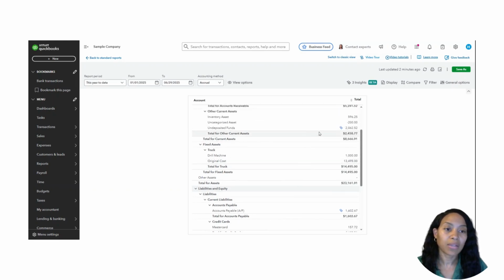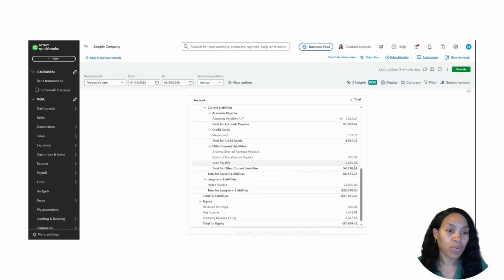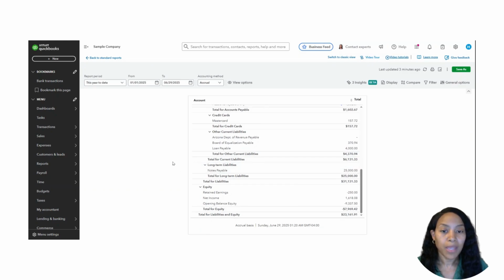One reason for that could be that the client has sold more inventory than was bought, and QuickBooks didn't recognize a purchase going into the account. So that's one way to know that, hey, I may need a cleanup. And that's an easy fix. You just go in and record the purchases that the client has bought for their inventory.